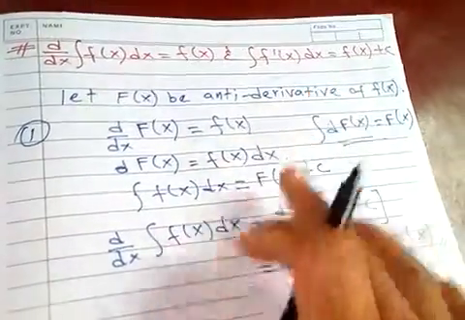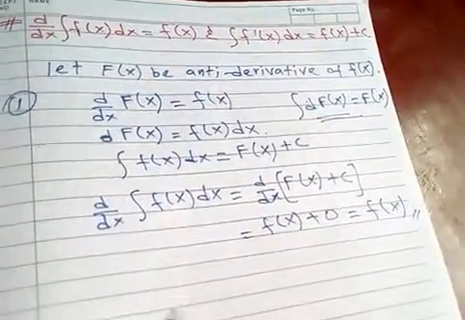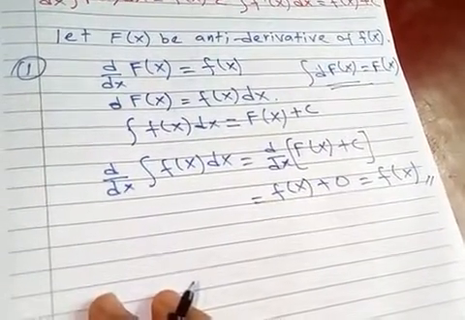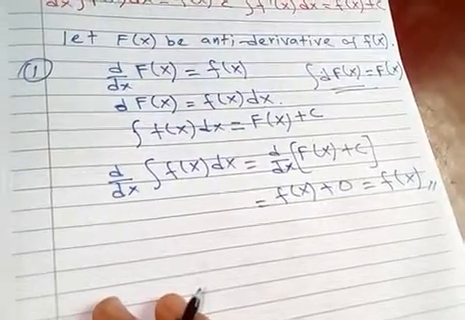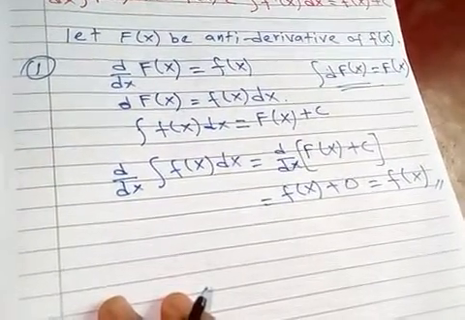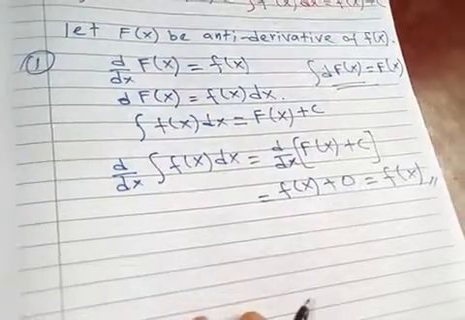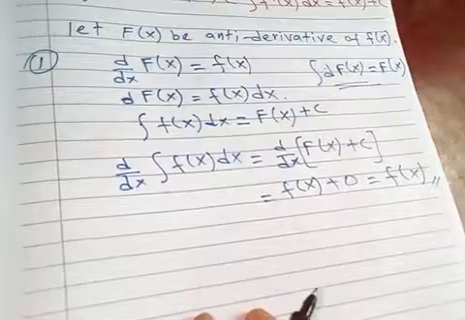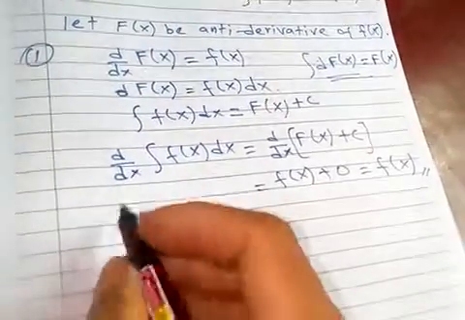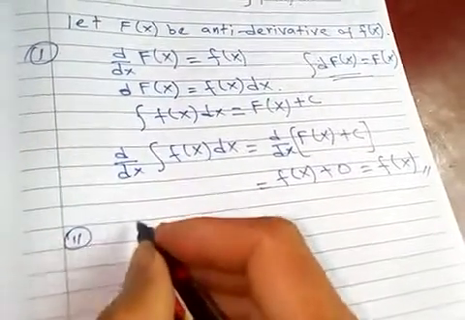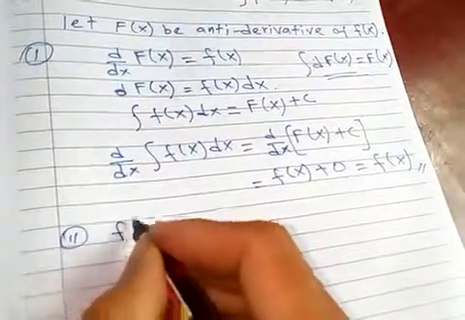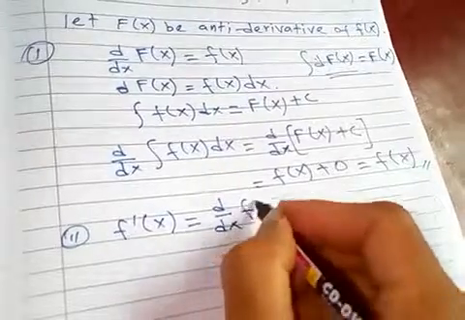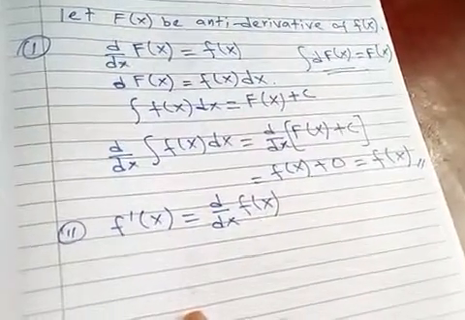Now this is the second part. For the second part, f dash x is equal to d by dx of f of x.